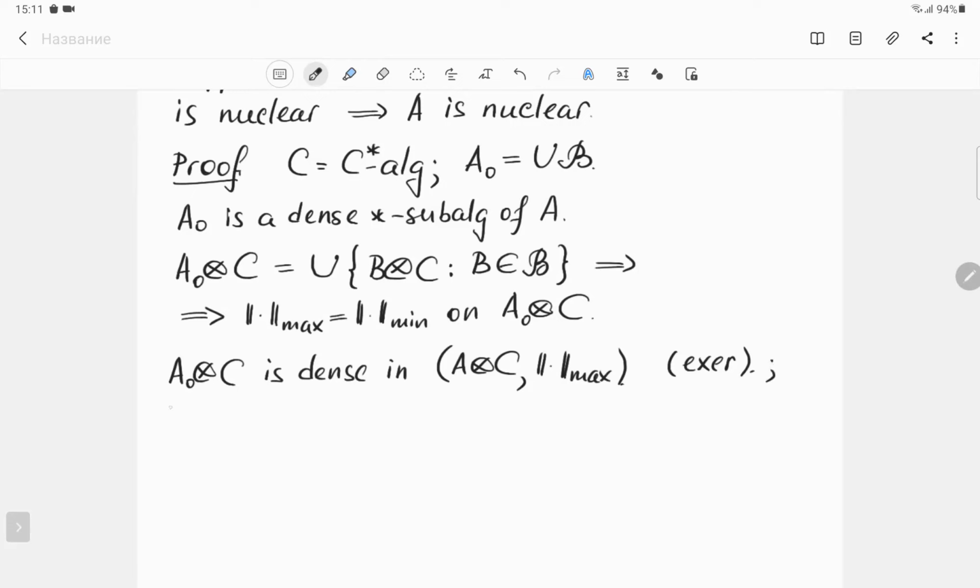Let's also recall that the minimal C-star norm is less than or equal to the maximal C-star norm. And so it is continuous with respect to the maximal C-star norm.